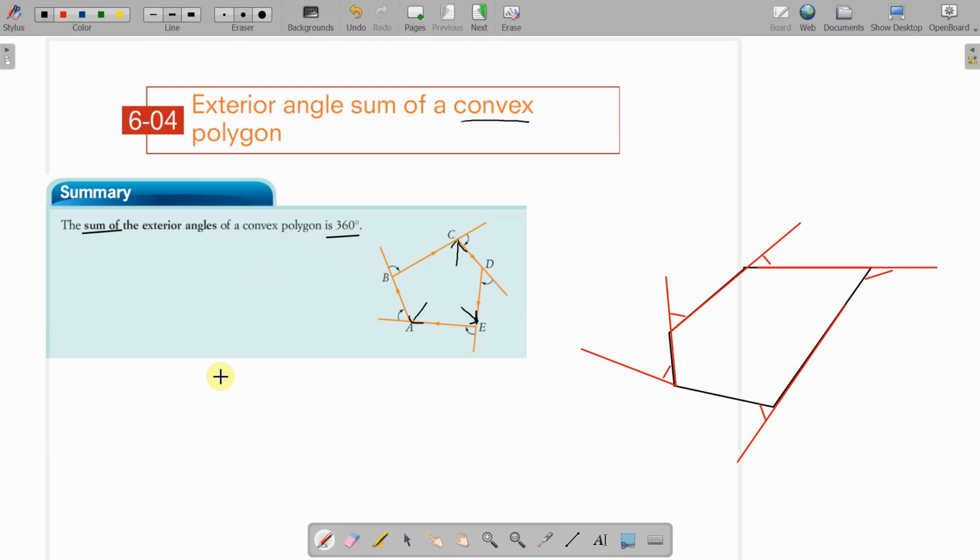So the sum of the exterior angles with this one is 360 degrees. The sum of the exterior angles in this one is also 360 degrees. No matter how many sides there are, the sum of the external angles is always the same, 360.